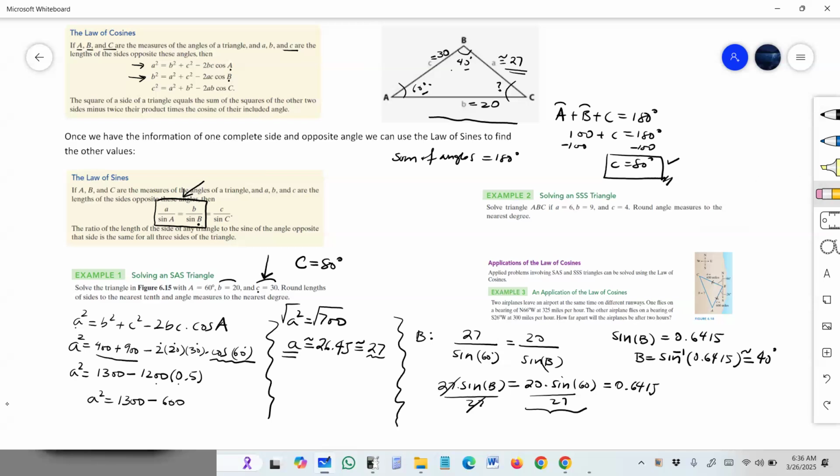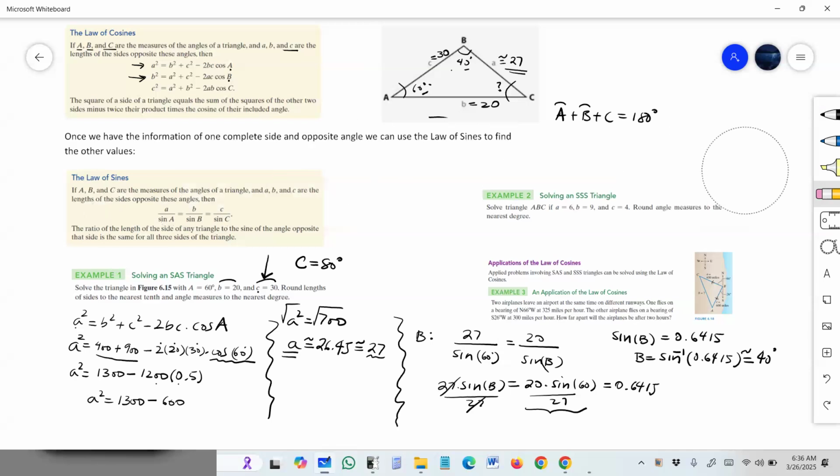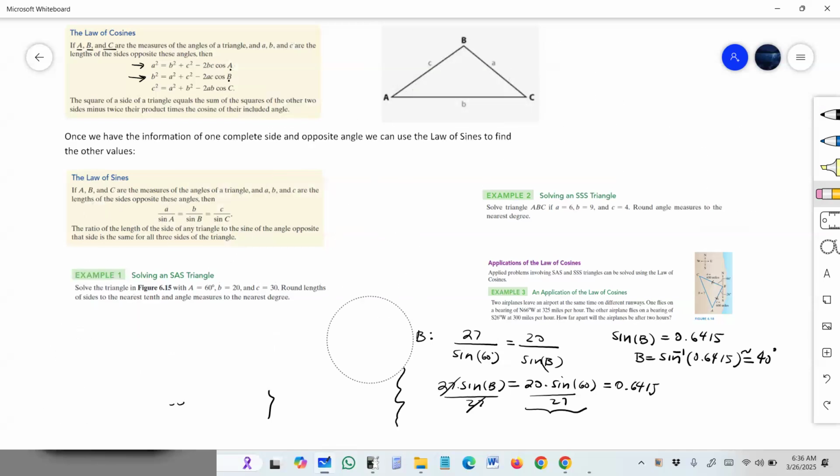The second example is very, very similar. I'm going to erase all of this so we can work on the second example.